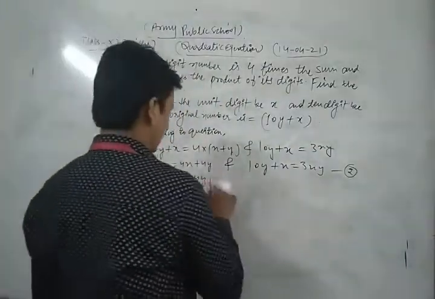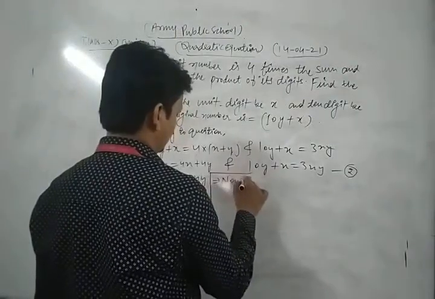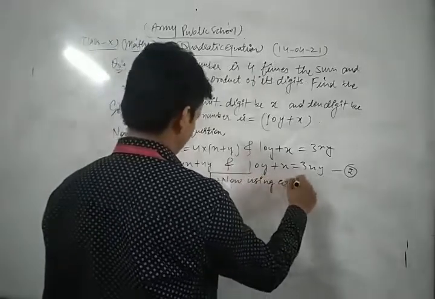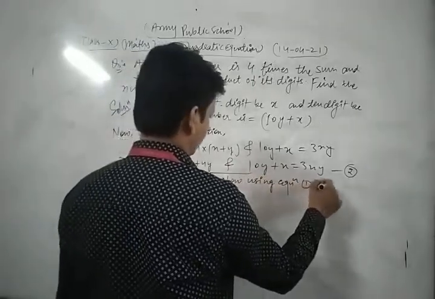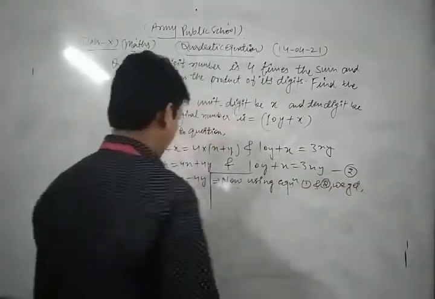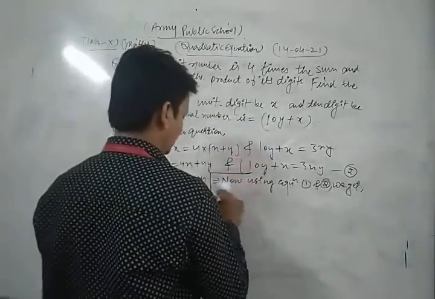Now using equations 1 and 2, we get x is equal to 2y. Here we put x is equal to 2y.